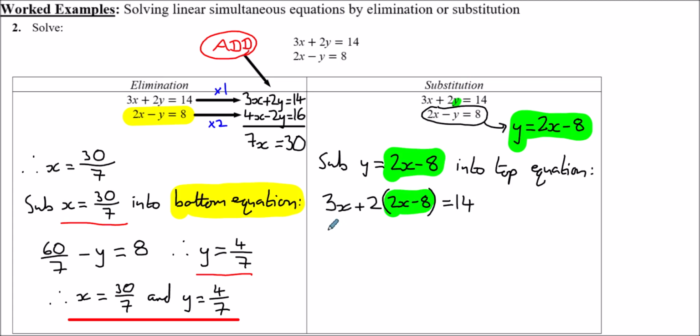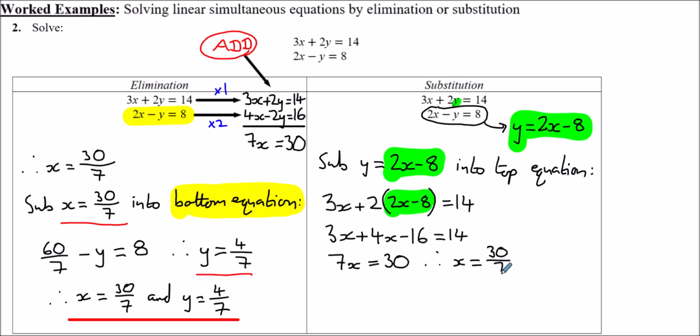So expand and simplify. So we have 3x plus 2 times 2x is 4x. 2 times minus 8 is minus 16. Equals 14. 3x plus 4x is 7x. Add 16 to both sides, we get 7x is 30. Therefore, dividing through by 7, we get that x must be 30 over 7.